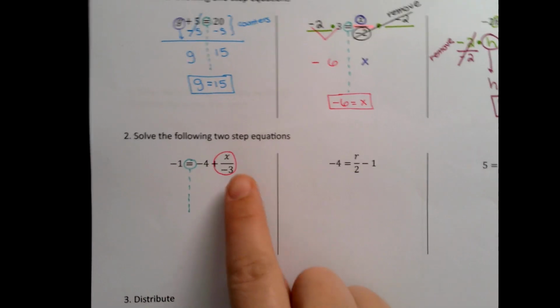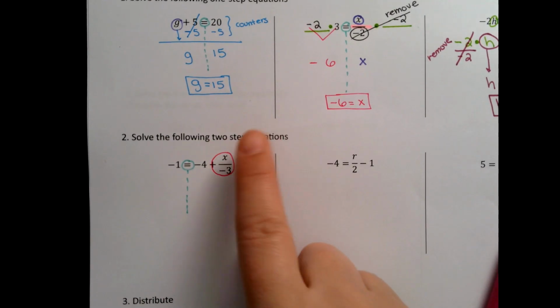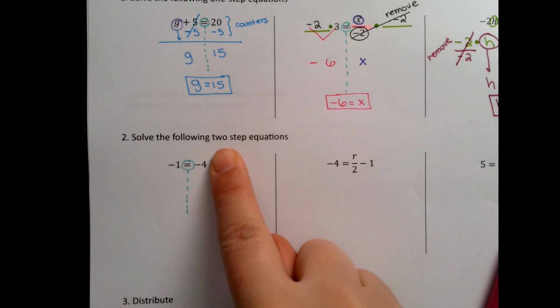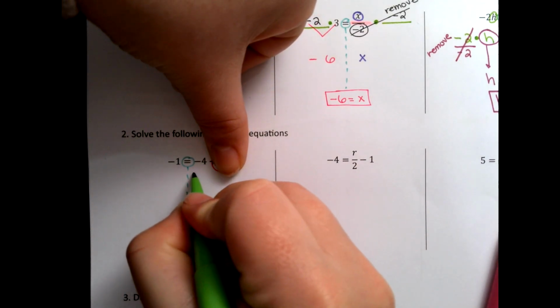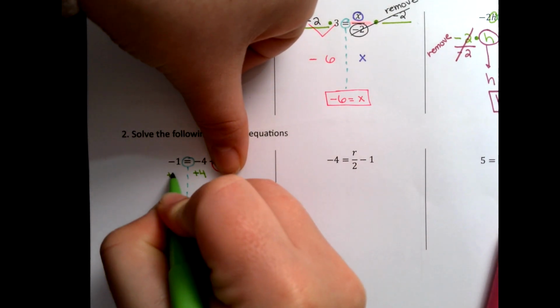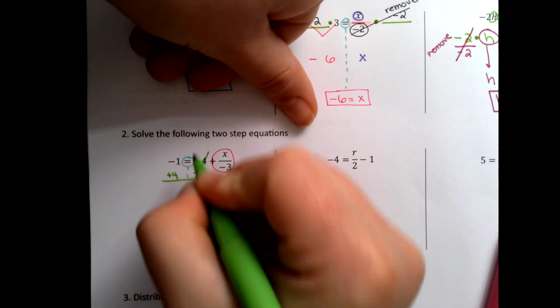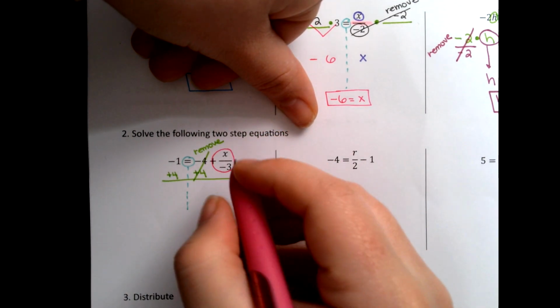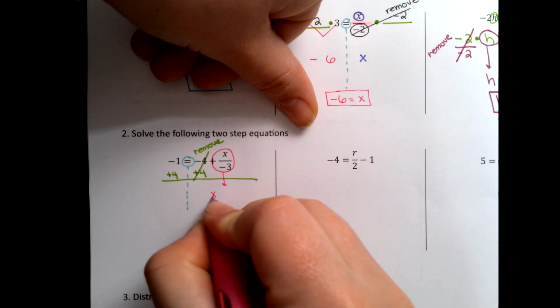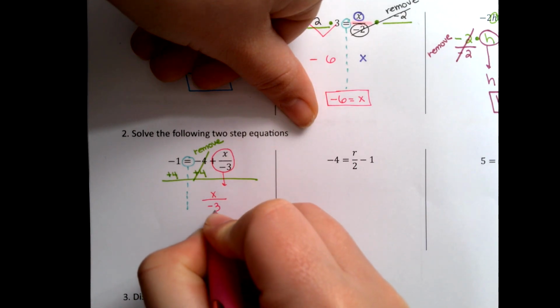Okay. So when I cover up this x and negative 3, I see this negative 4. So this negative 4, we are going to add to both sides. Again, our task here is to remove, bring down your x over negative 3.